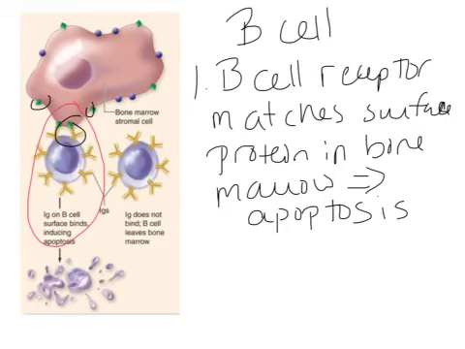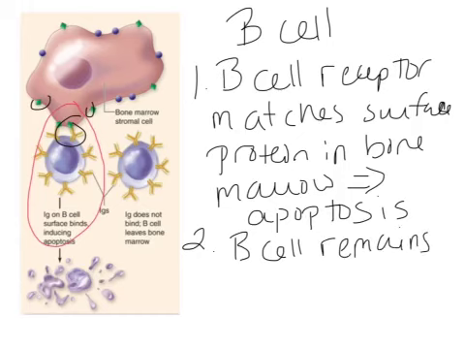The second option is the B cell doesn't bind to the surface protein, so it remains a naive cell. It doesn't become activated, so it's ignoring your own surface proteins, and so it should recognize foreign material.